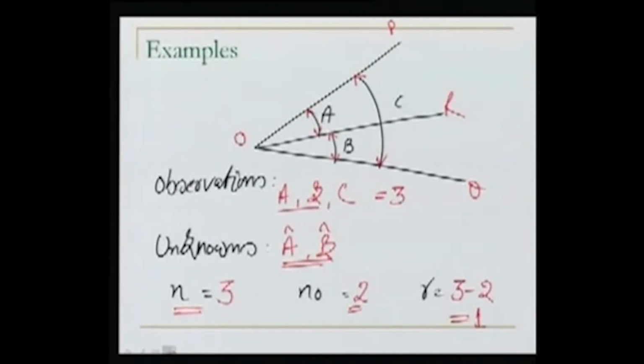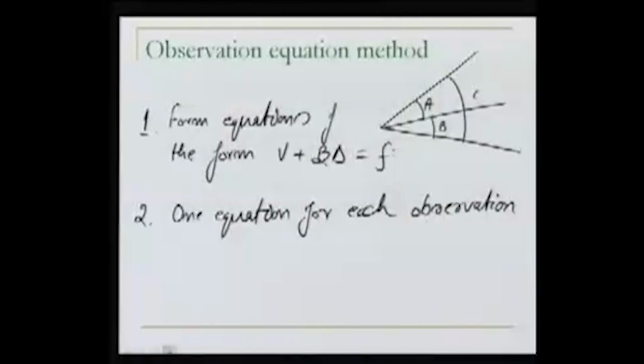Now we will try to handle this problem of adjustment, because naturally we need to carry out the adjustment here. We have A, B and also C. We need to carry out the adjustment so that we have the most probable values, or the best estimates, for A and B. We will do it first by the observation equation method.